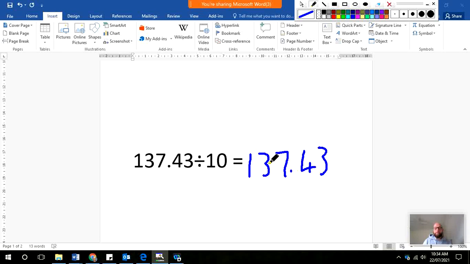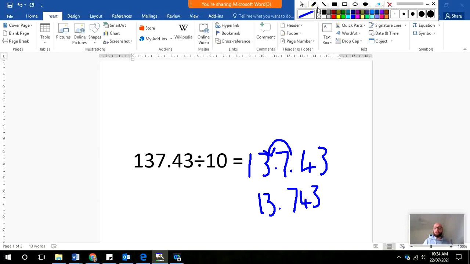That's the number we've got. We're dividing by 10, making it a bit smaller, which means it moves across one place. So our number becomes 13 and 743 thousandths. You can see the decimal point moving across there.